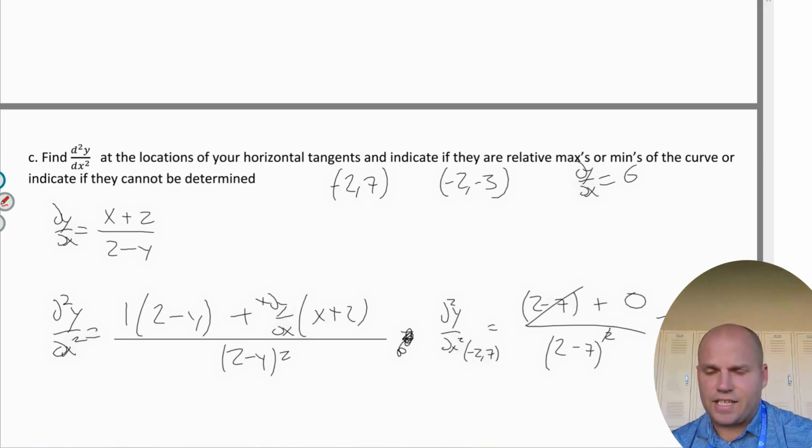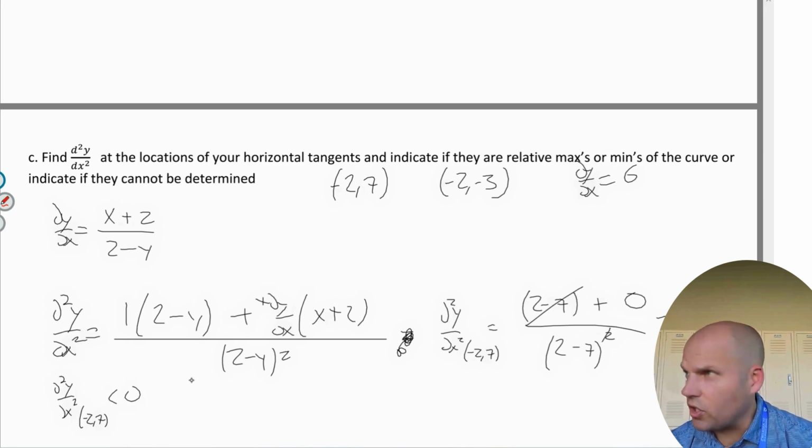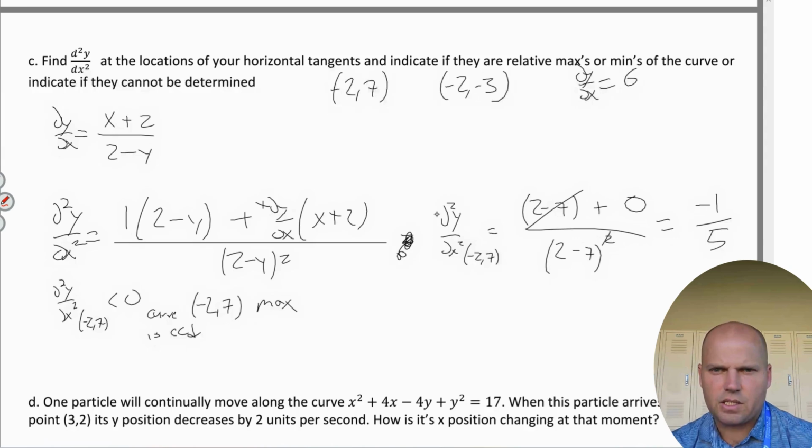Now, since that second derivative is negative, we know the curve is curving downward. Since the curve is curving downward, we would say that this point must be a max. Curve is concave down. So negative 2, 7 is a max.